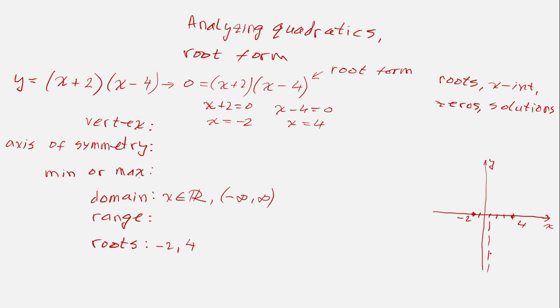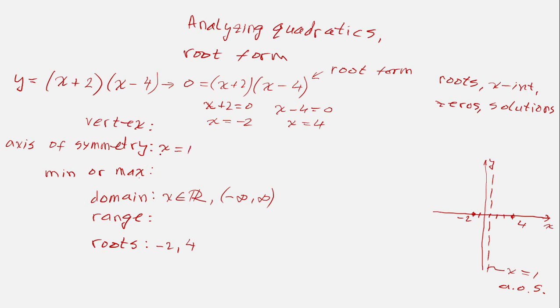So let's draw it as a dotted line. So this is our axis of symmetry, and the equation of it is x equal to 1.